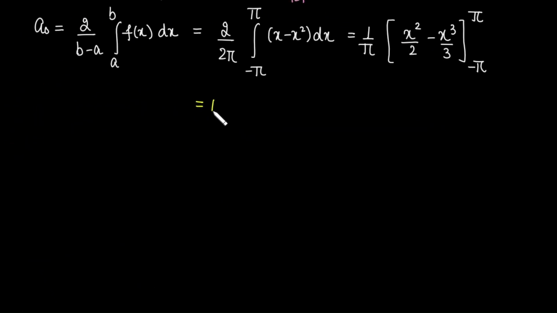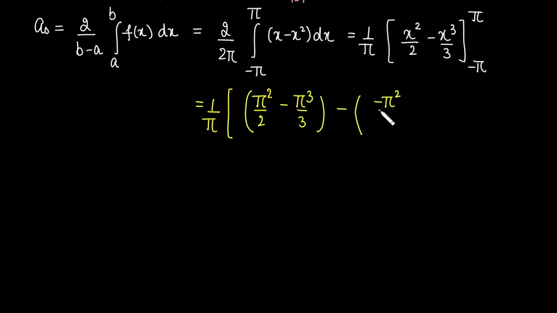So we have 1 upon pi as it is. When you substitute the upper limit, it is pi square by 2 minus pi cube by 3, that is the value of the upper limit, minus the lower limit. So minus pi square by 2, this is the whole square, minus pi cube by 3.